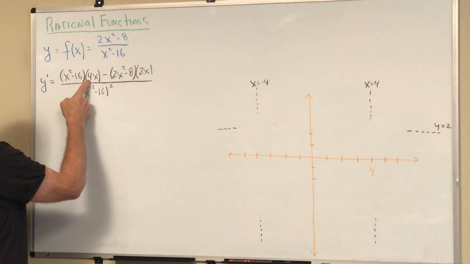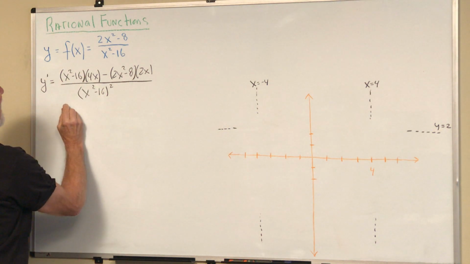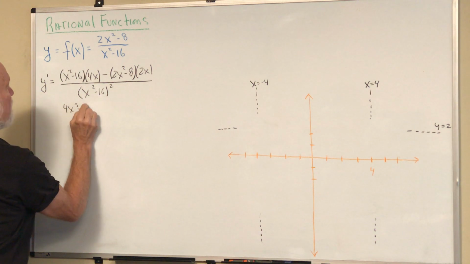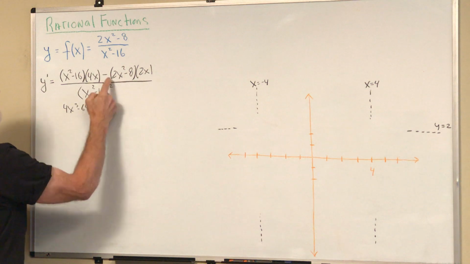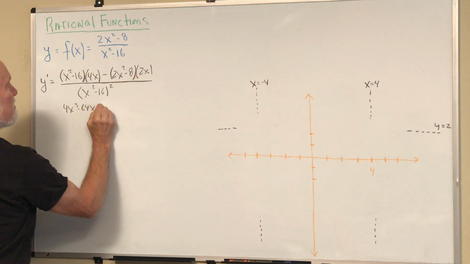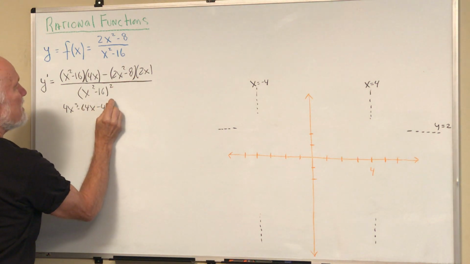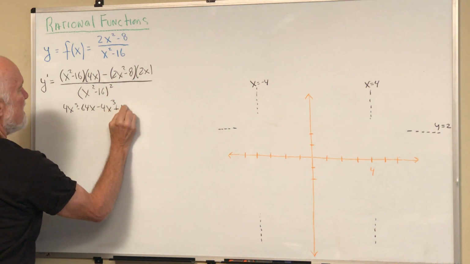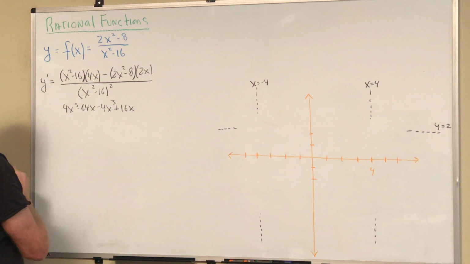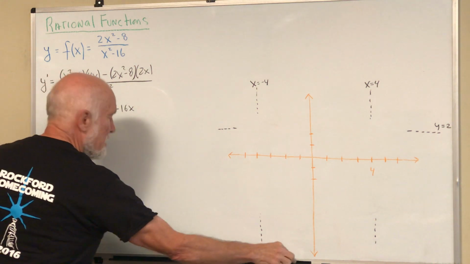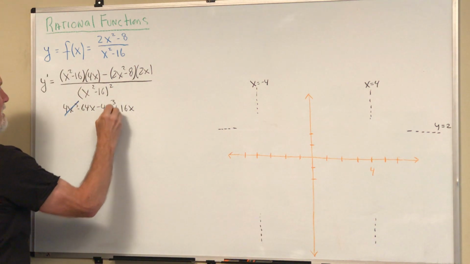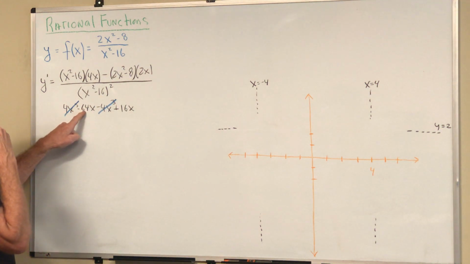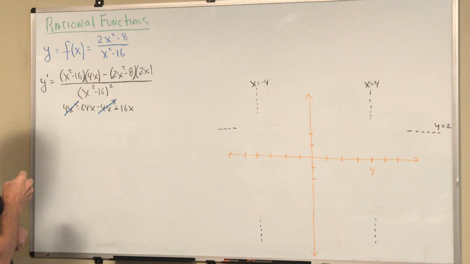Well, in the numerator, if we distribute that through, we get 4x cubed minus 64x, and then we get minus 4x cubed, and then plus 16x. So the 4x cubes cancel, and negative 64x plus 16x is negative 48x.